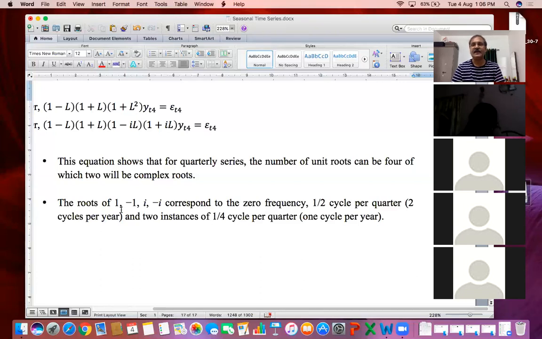Okay, if you have weekly data, you have L to the power 52. So in that case, the polynomial becomes 1 minus L to the power 52 equal to 0. By solving it, conceptually, you can get 52 characteristic roots.